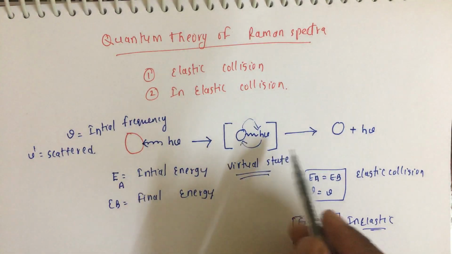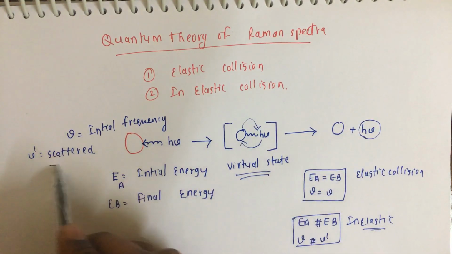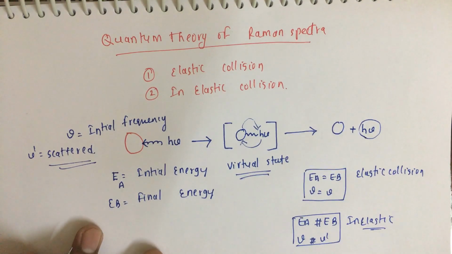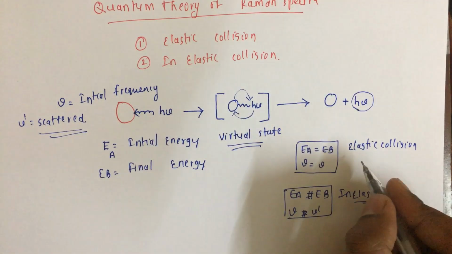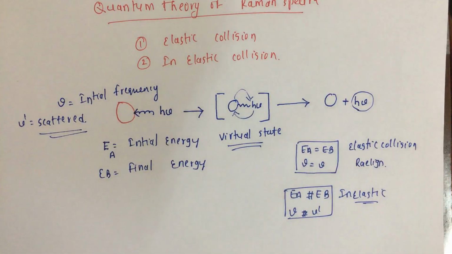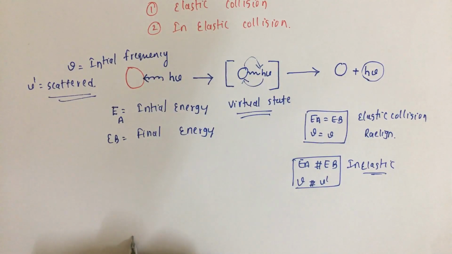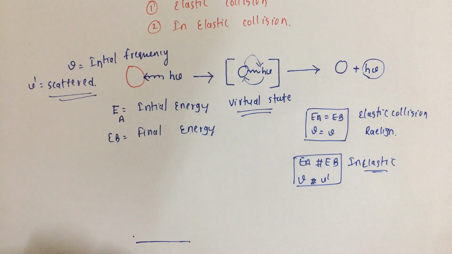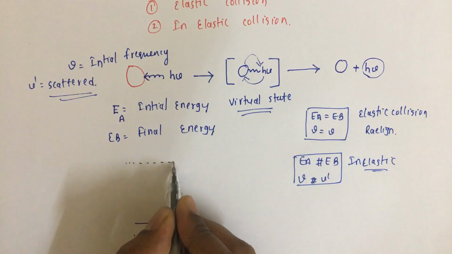After this state, the energy h nu of the photon will be emitted as scattered radiation. So this is actually the mechanism involved. What are elastic and inelastic collisions? For elastic collision, the example is Rayleigh scattering. Now we'll see it in diagram format. Here we have a molecule in the ground state, this is the excited state, and this is the virtual state.